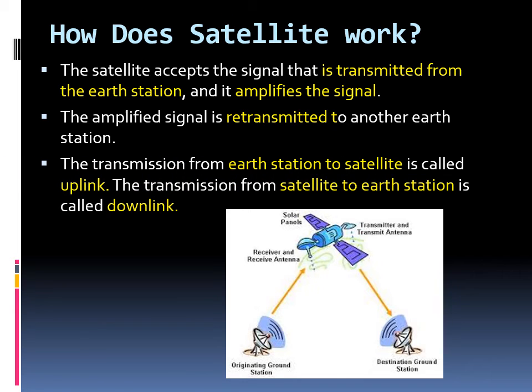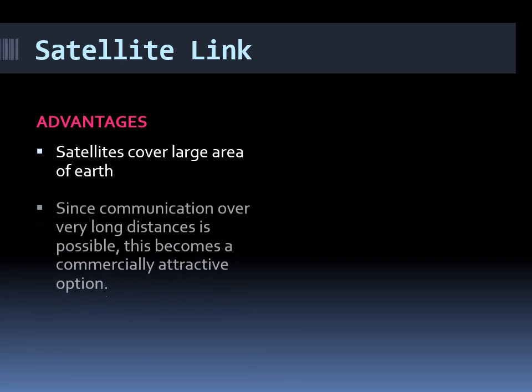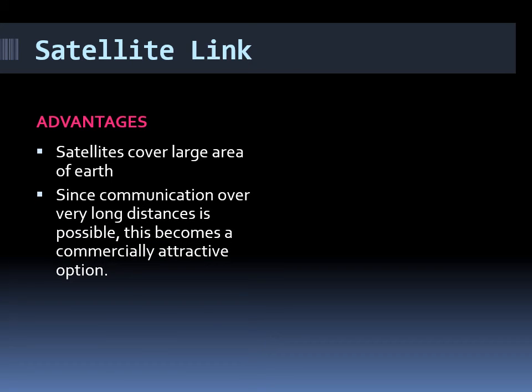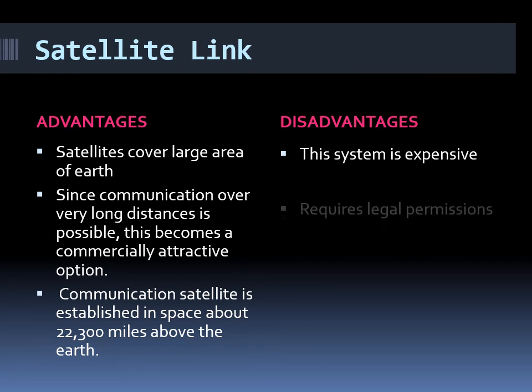The transmission from earth to satellite is the uplink, and the retransmission from satellite to earth is called the downlink. Advantages: it covers the globe, a large area of the earth, and it is commercially attractive because it covers long distances. It is established in space about 22,300 miles above the earth, and it is very expensive.